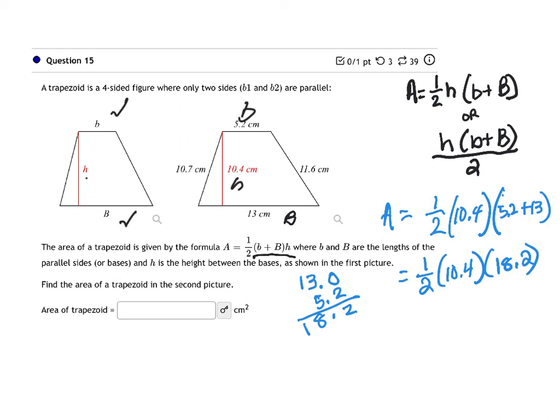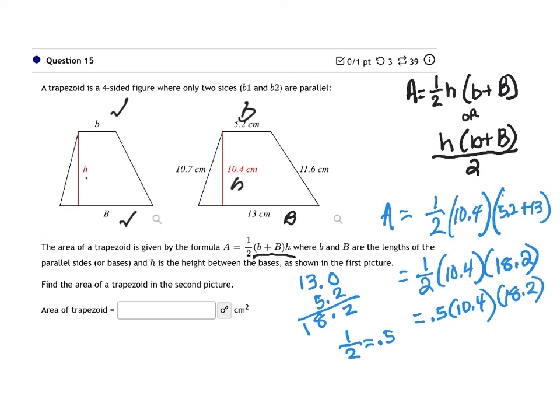Now, since these are all decimals, I would change 1/2 to 0.5 because 1/2 equals 0.5. If you take 1, divide by 2, you get 0.5. So you could change this to 0.5 times 10.4 times 18.2 and do that in your calculator.